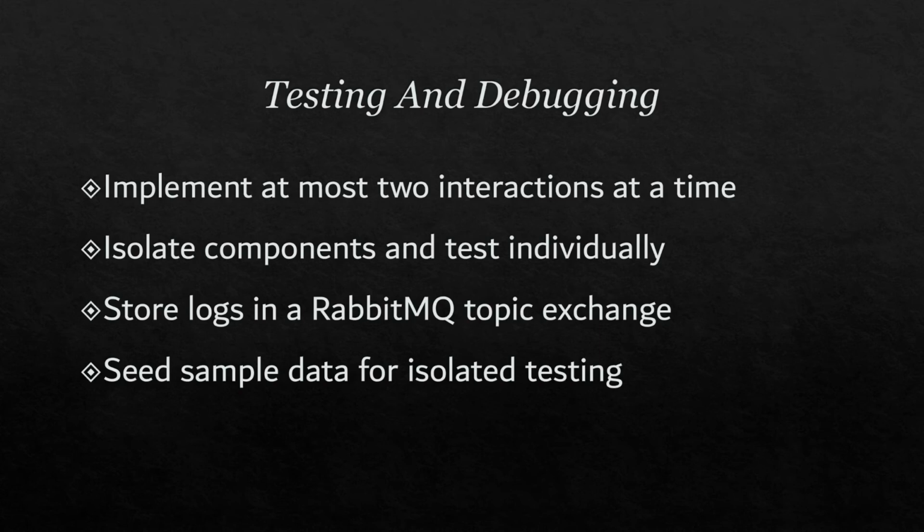I also seeded sample data for isolated testing, so seeding values into that Redis database, testing to make sure that the API works before even trying to send things to a worker node, seeding things in that MQ message exchange, and then seeing if the worker node properly extracts it from there. And doing this allowed me to test isolated components individually.